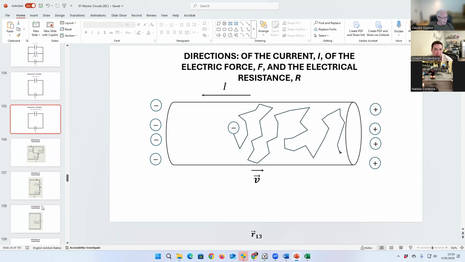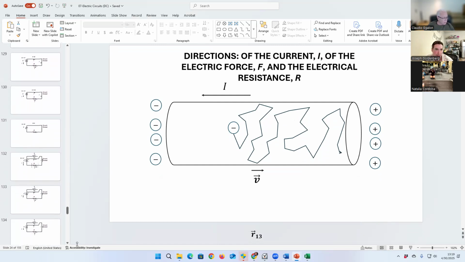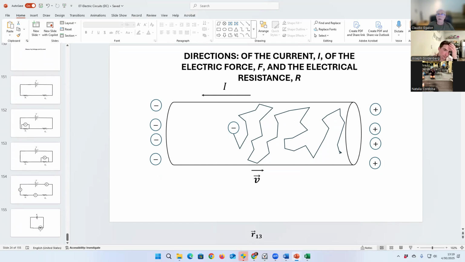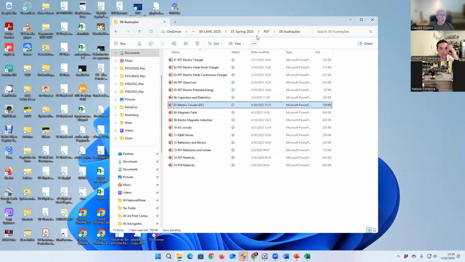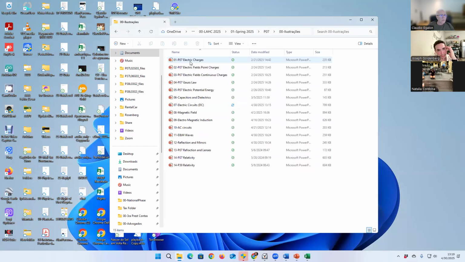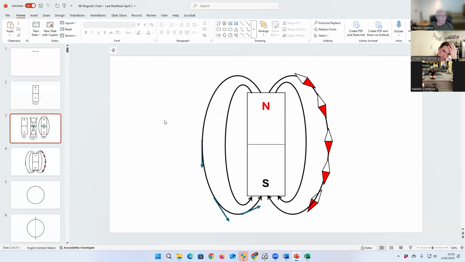Let me see if I can have a drawing here. Illustrations, electric field, magnetic field. Let's see if this one has an illustration. I can show you.